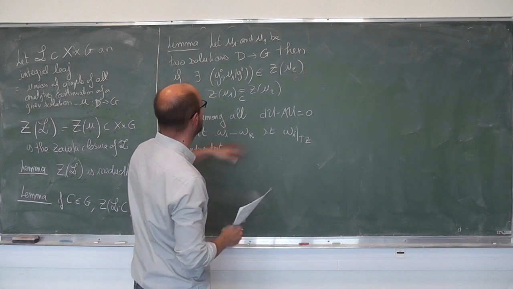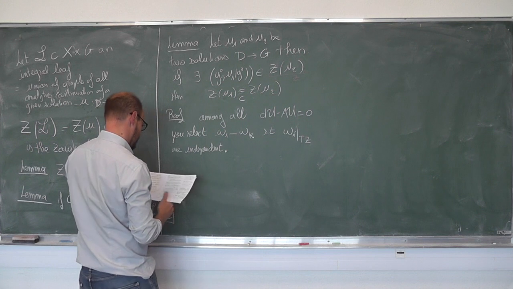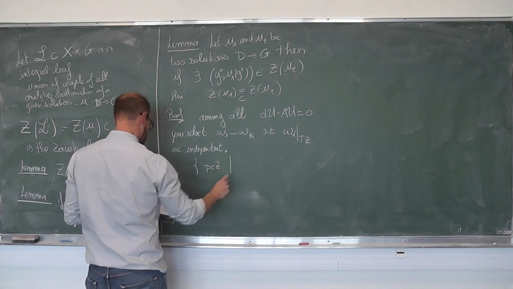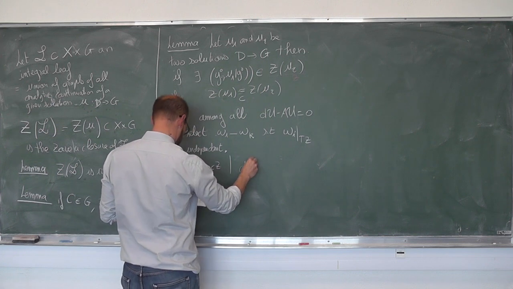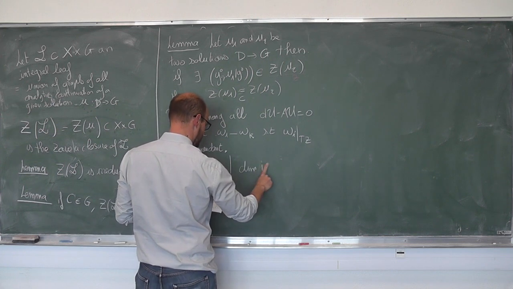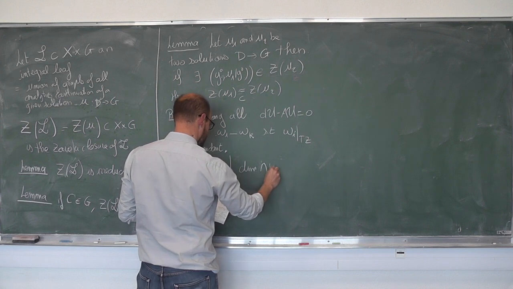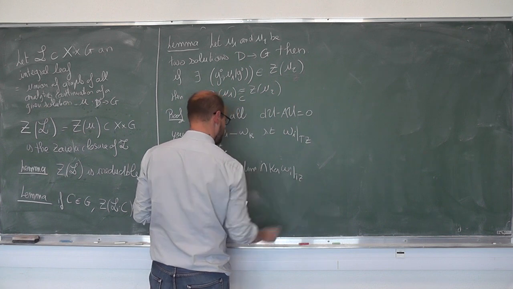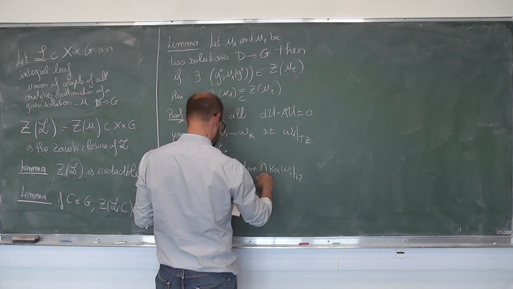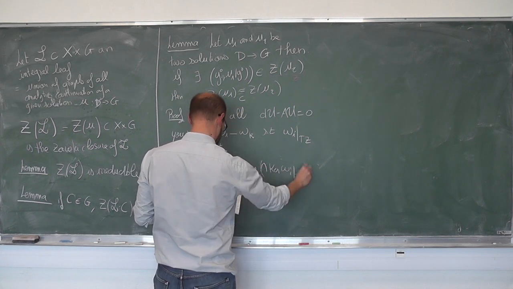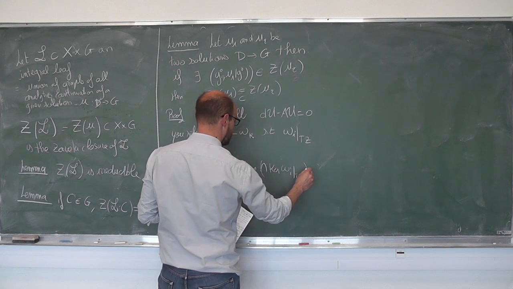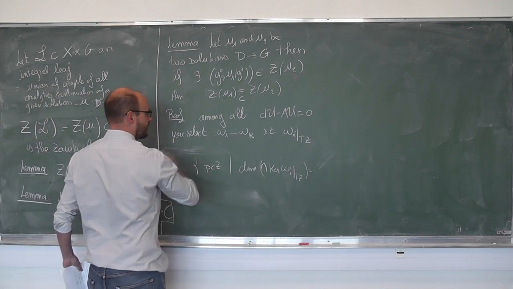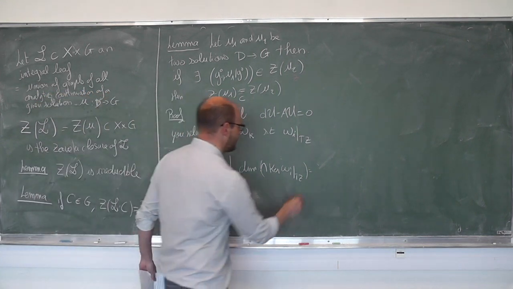Then I will look at the set of P in Z such that the dimension of the intersection of the kernels of omega i is equal to the dimension of X.